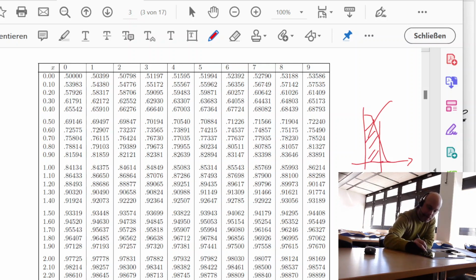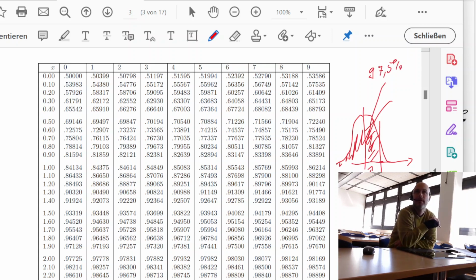So up to here, this would be then 97.5%. So what we have to look for within our table is the number which corresponds to 0.975.